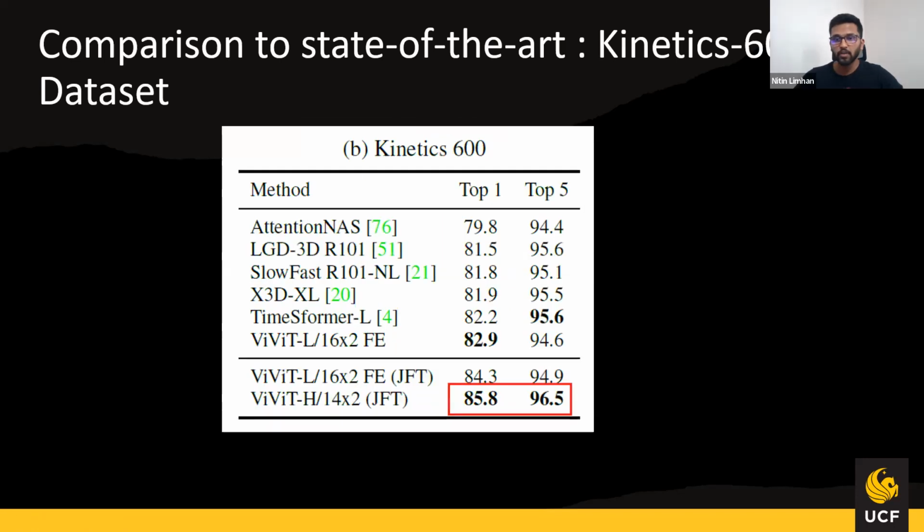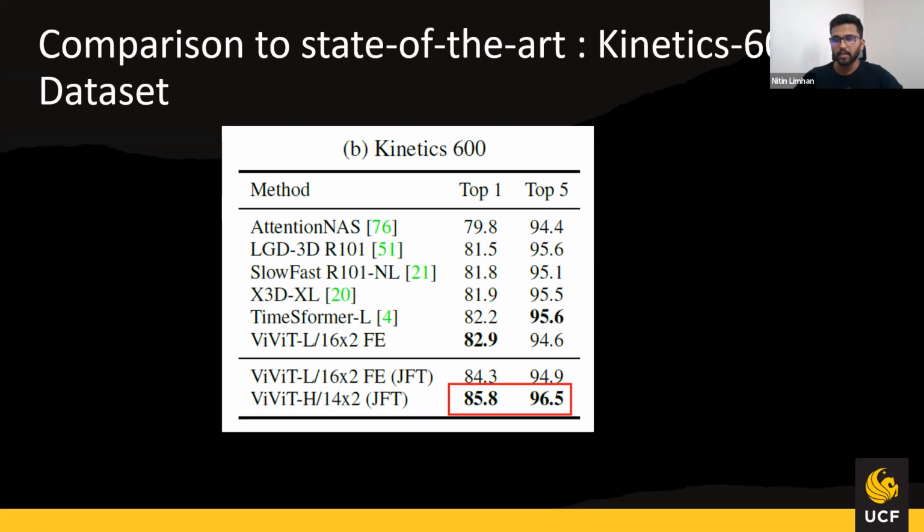Now coming to the Kinetics 600 dataset, the best variant among the 3D convolutional networks is the X3D XL. It has been outperformed by the Timeless Former Large. As you can see, the accuracy is 95.6.